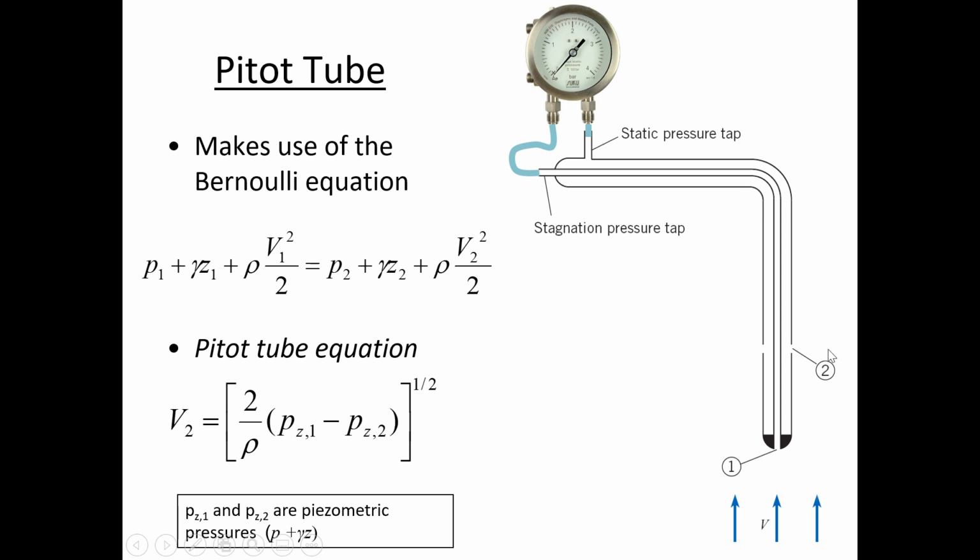So these are used in airplanes. As, you know, an airspeed indicator is effectively a pitot tube. And this piezometric pressures allows us to say that this works even if it's not horizontally oriented. If it is horizontal, if you're flying through the air horizontally, then the elevation difference between 1 and 2 can be ignored because Z1 and Z2 are equal.